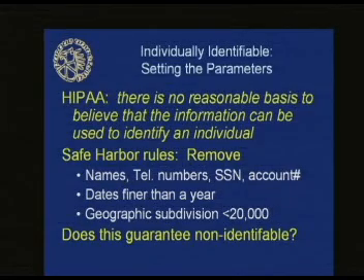So that kind of gives you another idea. Geographic information. I say less than 20,000 people. Well, it's not quite that. The real text of it says first 3 digits of zip code, unless the first 3 digits of the zip code is an area that contains fewer than 20,000 people, in which case you use 000 for the first 3 digits of the zip code.